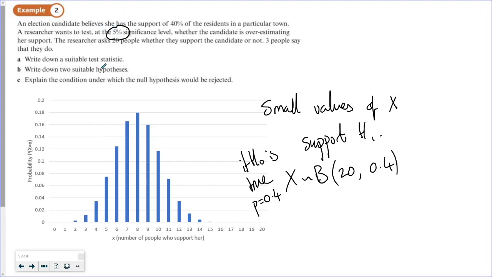What this 5% significance level means is it tells us how small X needs to be in order to reject H0. So 5% significance level basically means we need to be in the far left 5% of the distribution to reject H0.